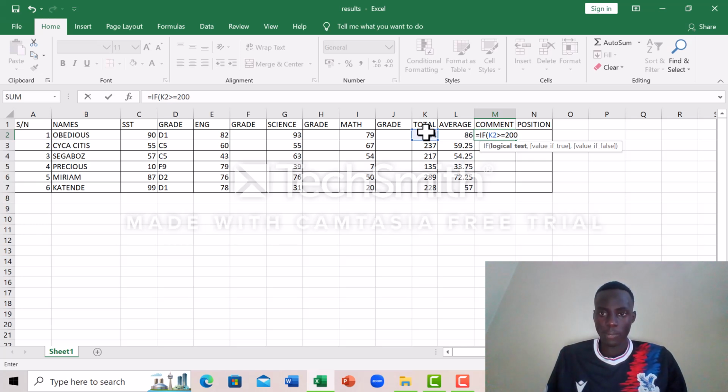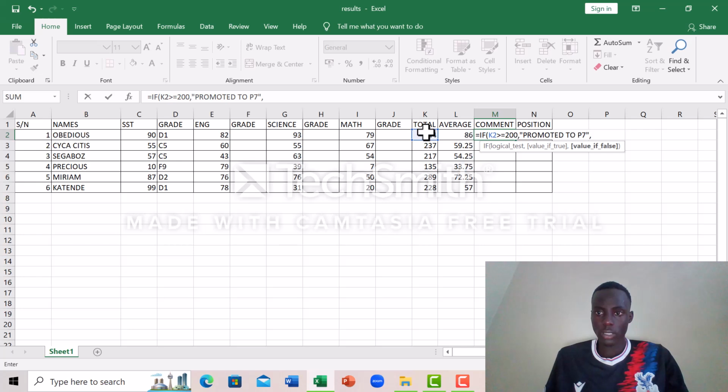We shall write a comma, our quotation marks, then we shall say promoted to, let's assume these were results of P6. Our result shall be promoted to P7.